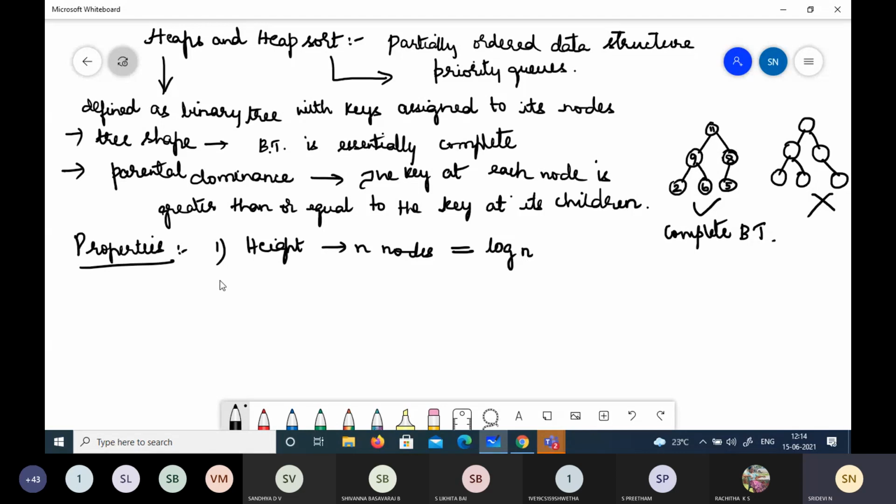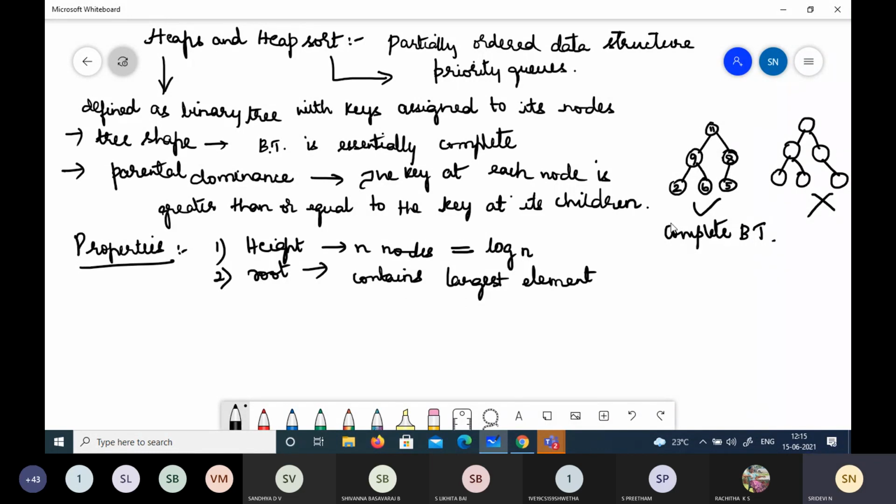And the second property states that the root of a heap contains the largest element. That's obvious, isn't it? When parental dominance has to be taken care of at each level, it obviously means that the root will have the highest element.